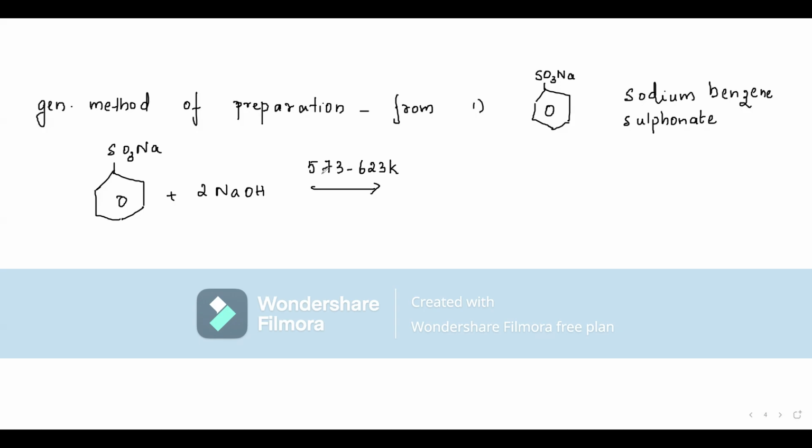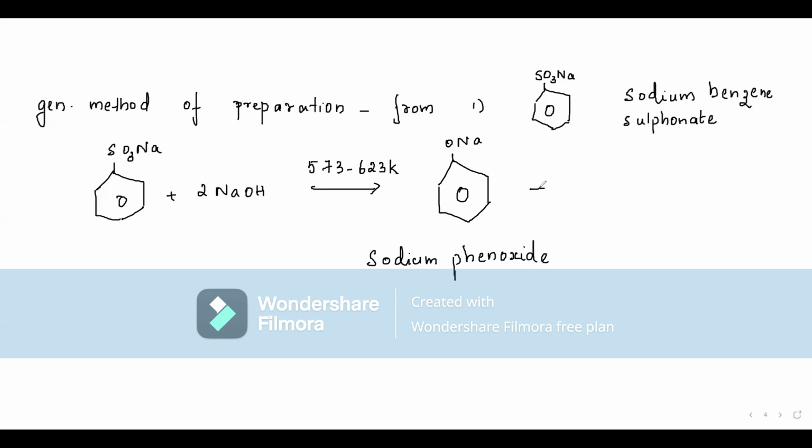If you again cannot remember the temperature, make sure that you write a delta. Heating has to be represented. The intermediate or initial product formed is ONa on the benzene ring, which is called sodium phenoxide.